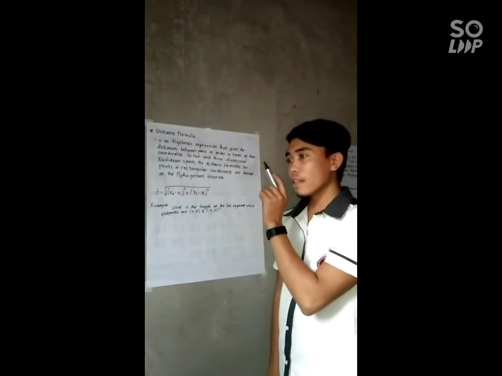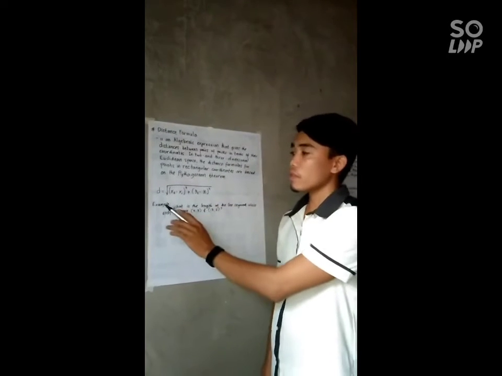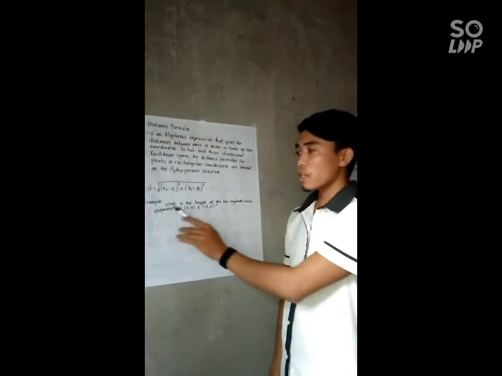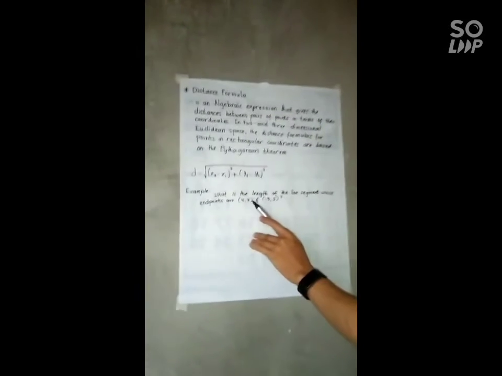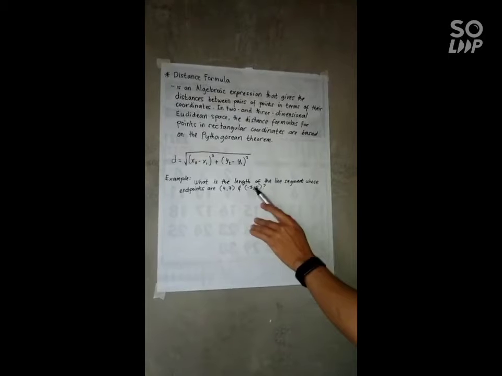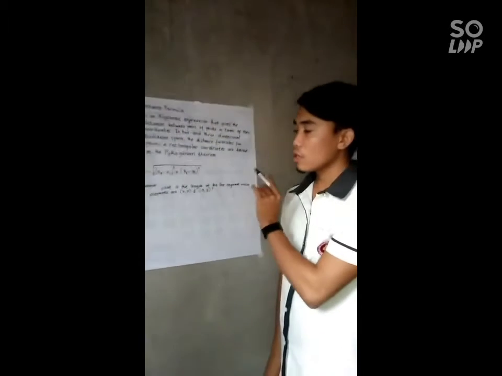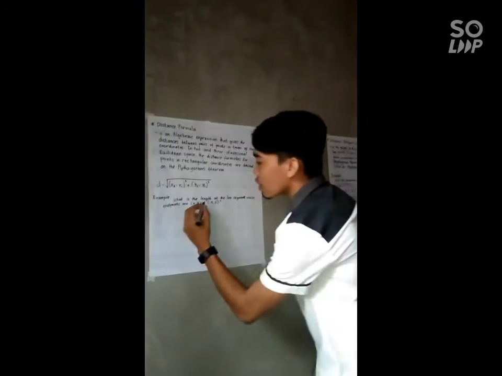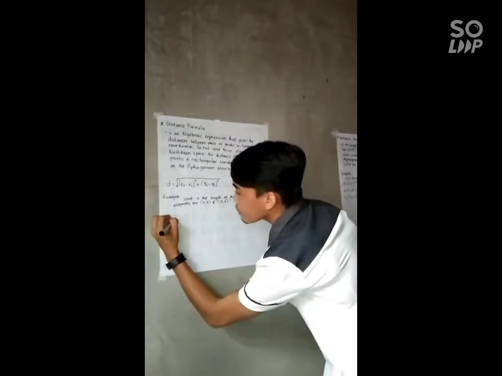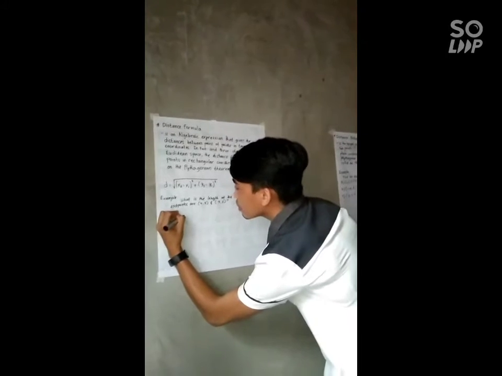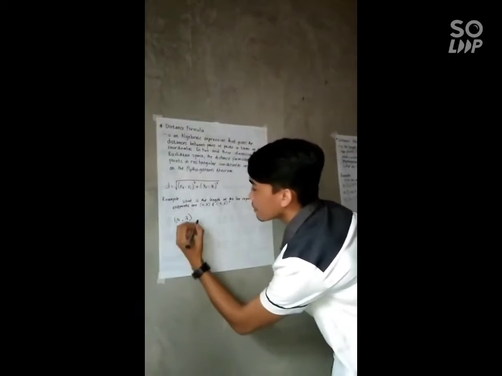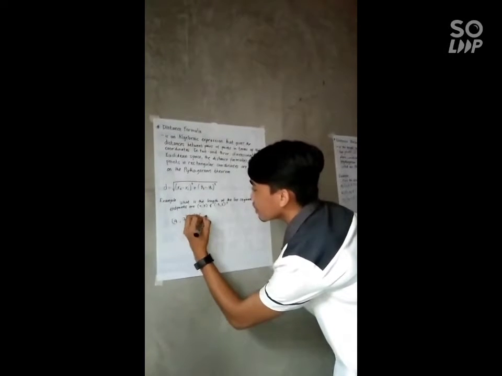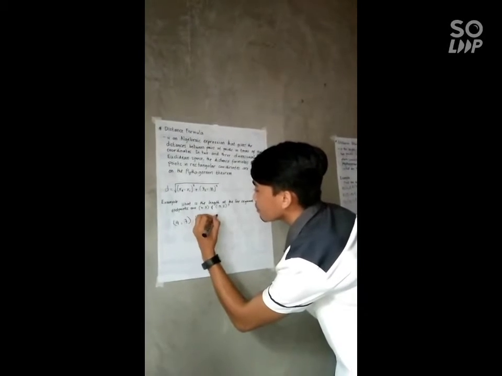So, I'll give you an example. What is the length of the line segment whose endpoints are 4, 7, and negative 3, 5? So, to solve this, we look at the points given: 4, 7, and negative 3, 5.